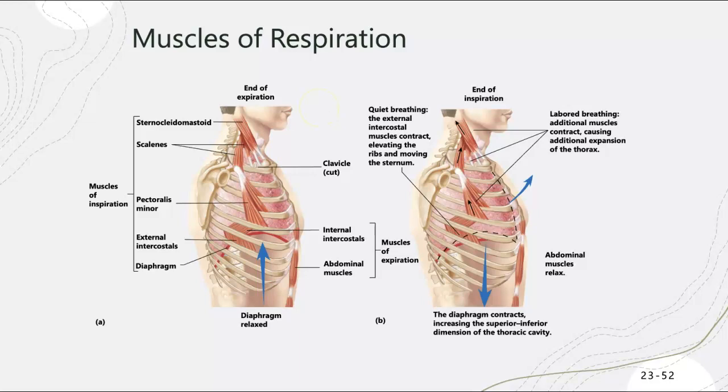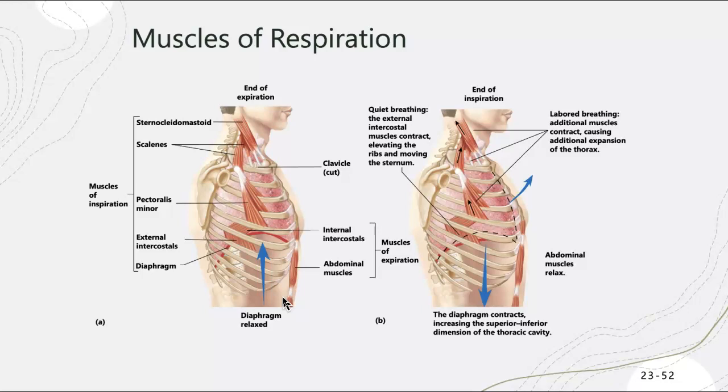And if we were to have some forced expiration, we would also have our internal intercostal muscles assist with making our thoracic cage smaller so we can push that air out. We can also call upon some of our abdominal muscles like the rectus abdominis in order to further push air out of our body.